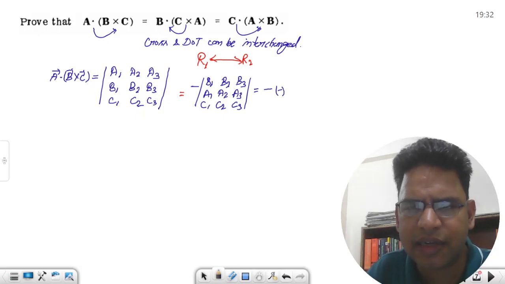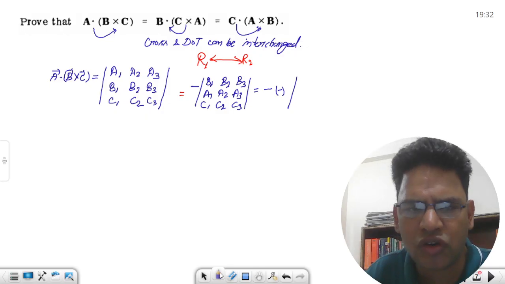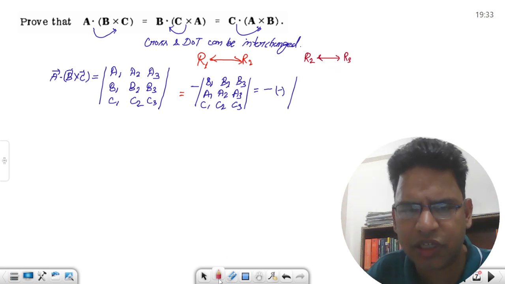I can rewrite it like, what I can do. अब मैं क्या कर रहा हूं, R2 R3 को एक्सचेंज कर रहा हूं. So row R2 is replaced with R3, R3 is replaced with R2, okay?